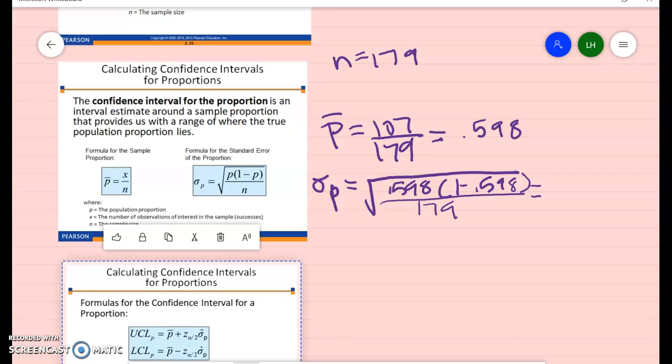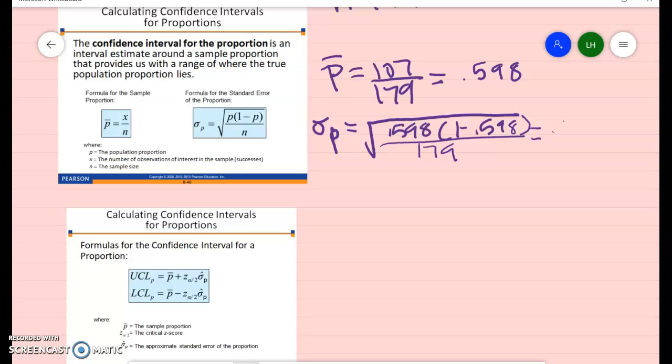So on the last three problems, you're going to round to 4 decimal places. Let's do 0.598 times 1 minus 0.598, divide that by 179, and take the square root of that. And you're going to get 0.0366.